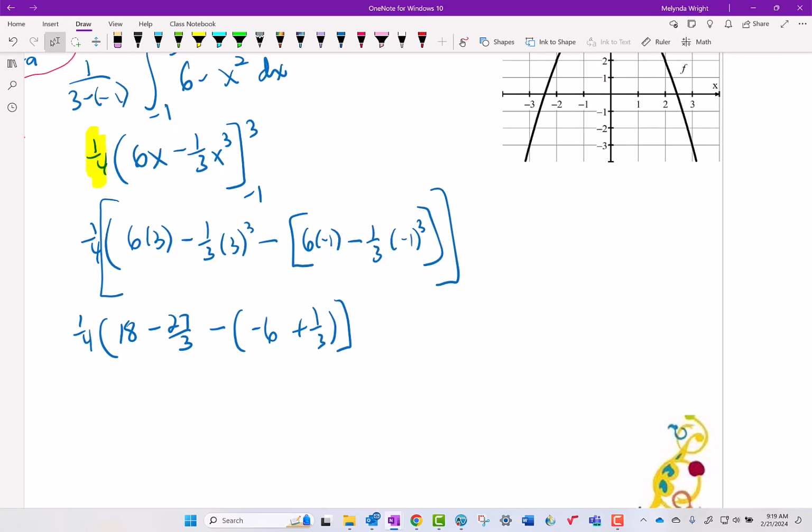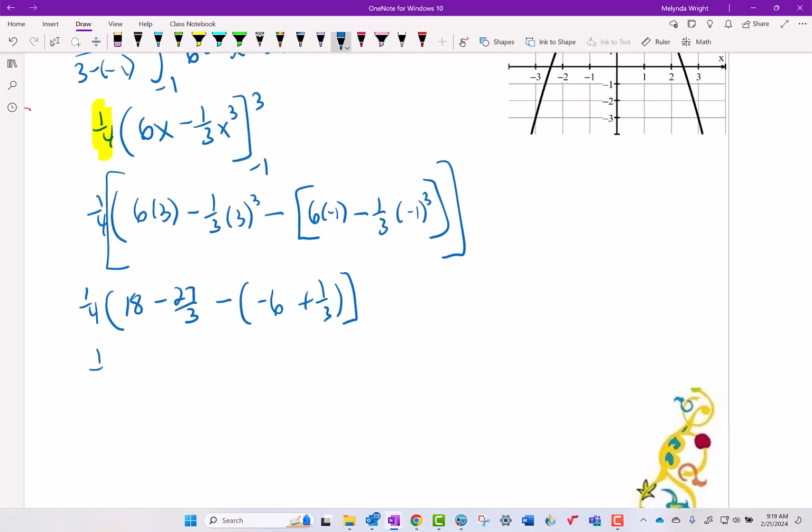27/3 is what, 9, right? So I've got 1/4 times 18 minus 9 plus 6 minus 1/3. So what is that? 9 and 6 is 15. So I have 1/4 times 15 minus 1/3.